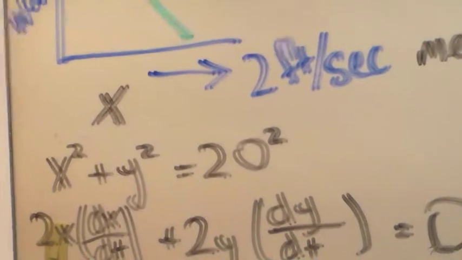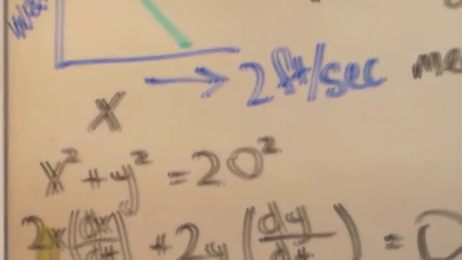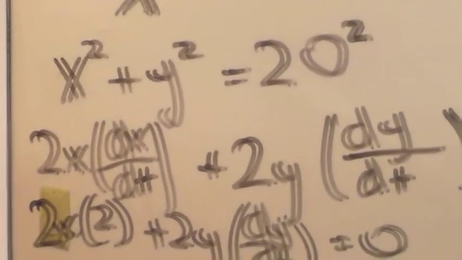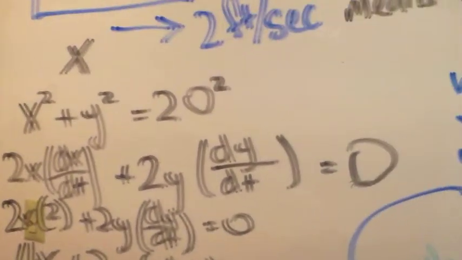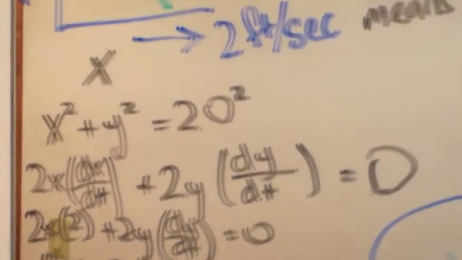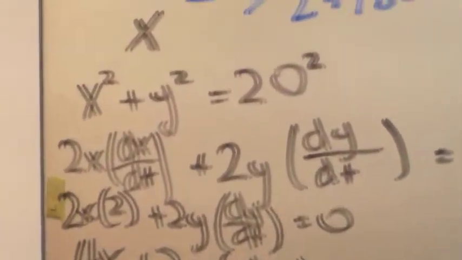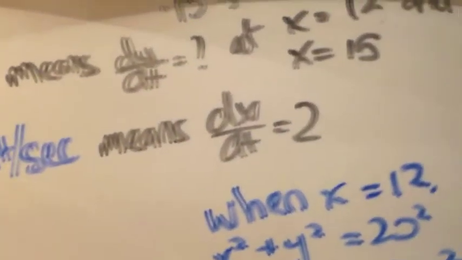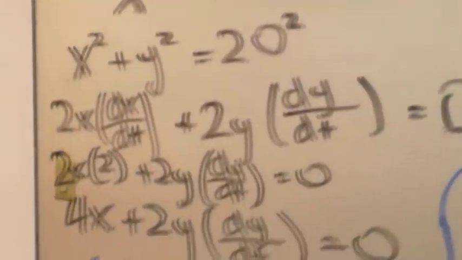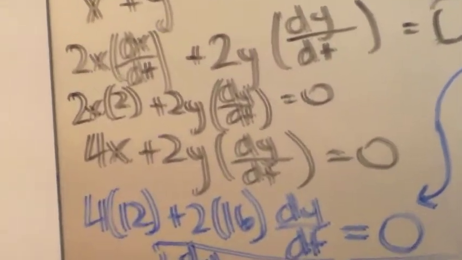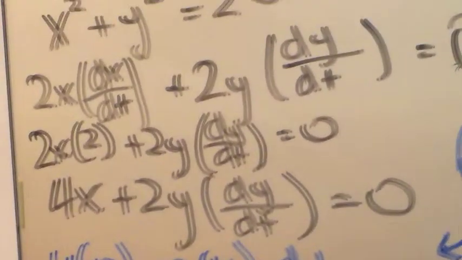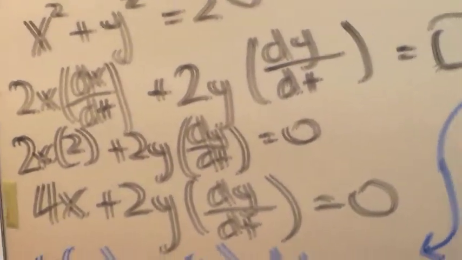When we differentiate that, we get 2x times dx dt plus 2y times dy dt equals 0. Replacing dx dt with 2, we get 4x plus 2y times dy dt equals 0.